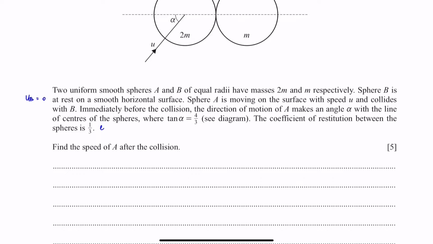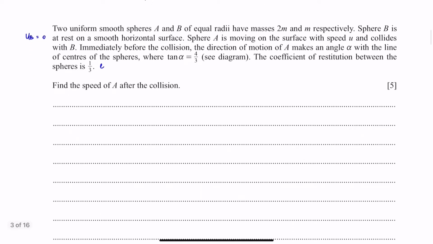Okay, so we can use two equations. One is the law of restitution, which is VA minus VB equals negative e times (UA minus UB).